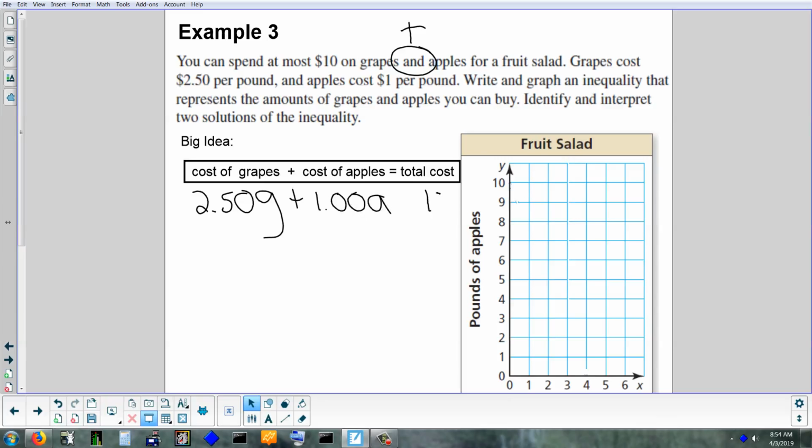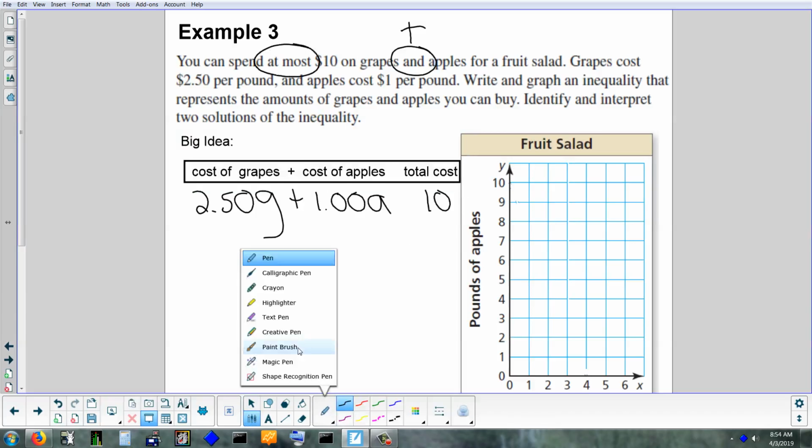It'll be total cost, but now we're setting up an inequality, so we have to be careful not to use an equal sign. What phrase in that first sentence is going to tell me what sign to use? At most. Good.